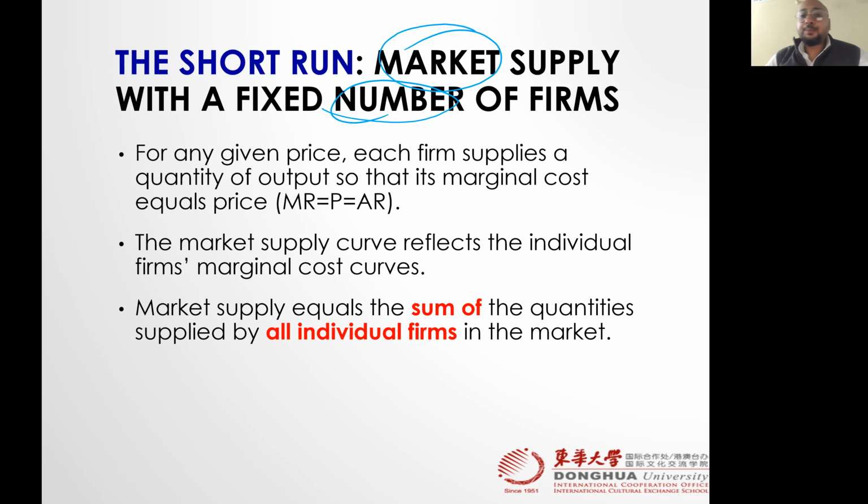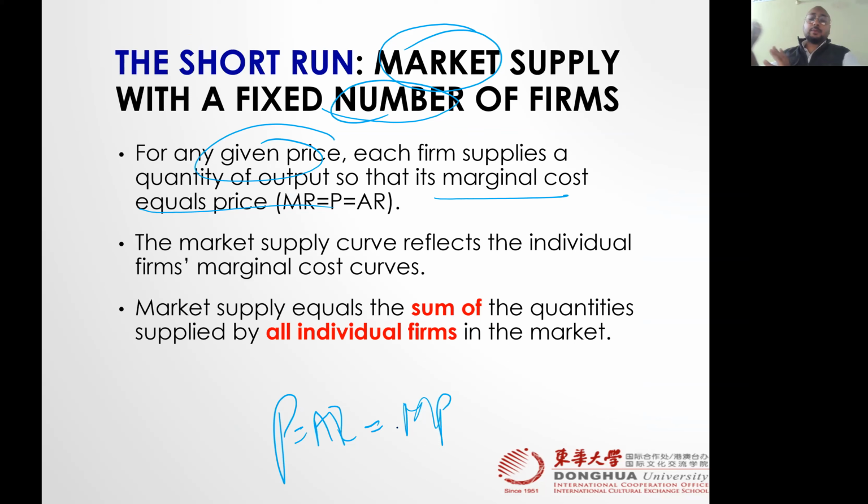So remember, for any given price, each firm supplies a quantity of output so that its marginal cost equals marginal revenue, the price. Are you following this condition? All the firms, your competitors in the competitive market, are producing at the same level to maximize their profit. All right.